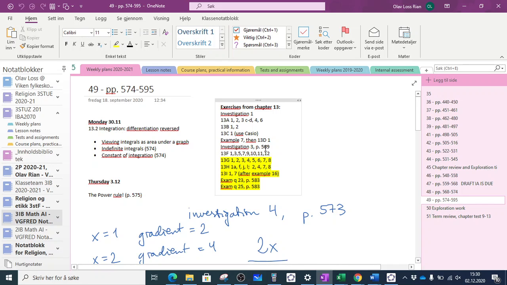So the power rule then. We can use the power rule to integrate over any function on the form ax to the power of n, where a and n are constants.